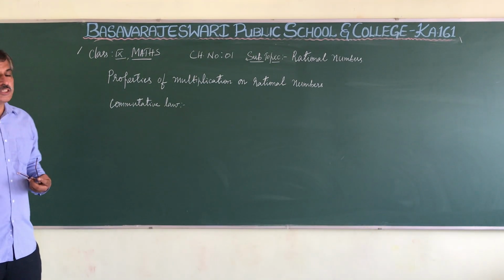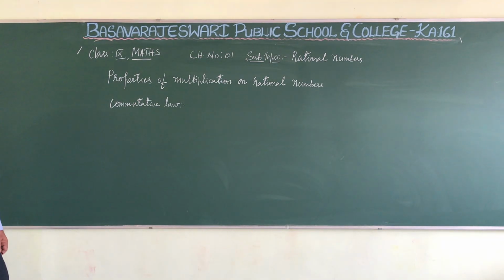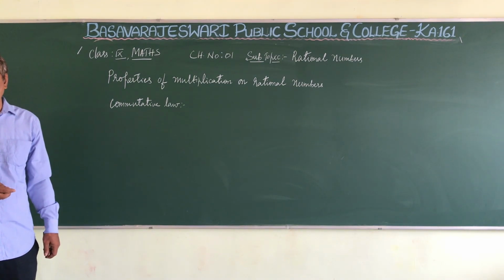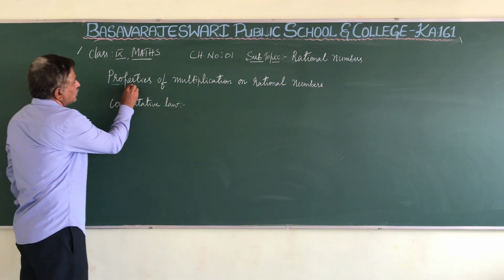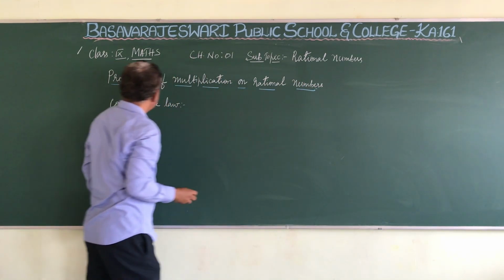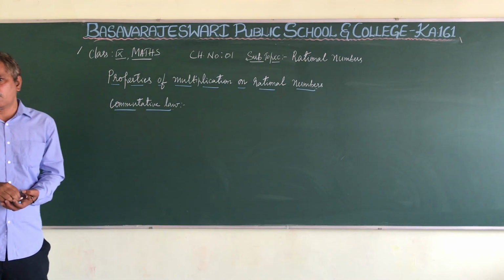So the next property of rational numbers. In the last class we discussed the properties of addition on rational numbers. Now properties of multiplication on rational numbers. In that I have taken the first property, the commutative law.